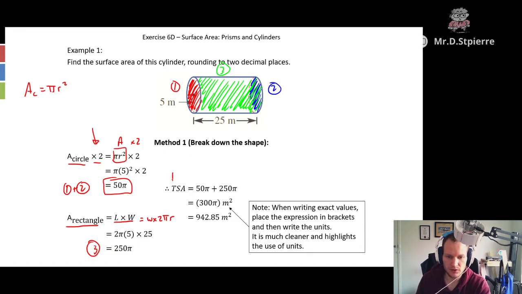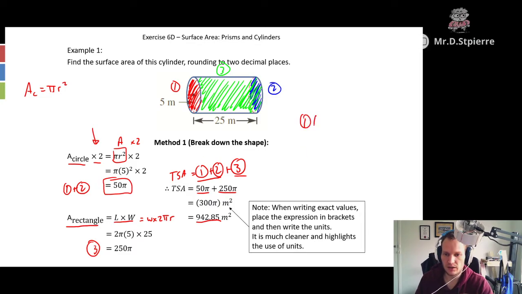So our total surface area is clearly 1 plus 2 plus 3. So it's 50 pi plus 250 pi, 300 pi, and that's exact. And then you can just put it in your calculator to get your decimal places. So that's breaking it down. It's just label individual bits, find the area of each of the individual bits, and add together.